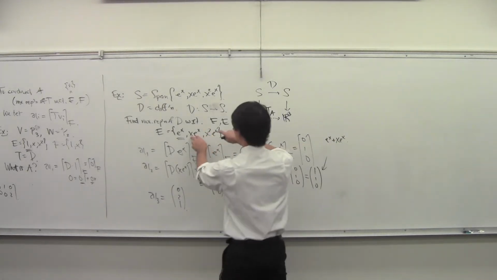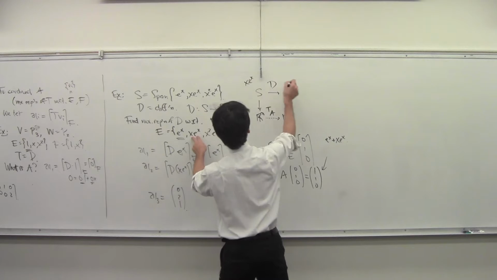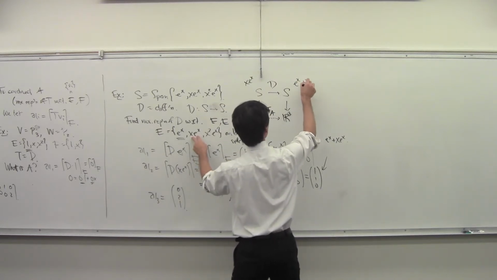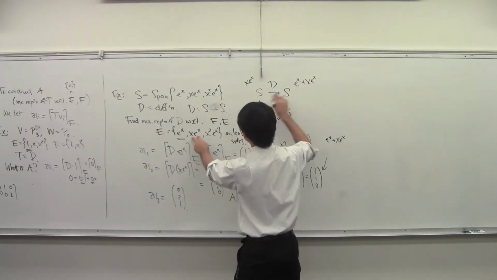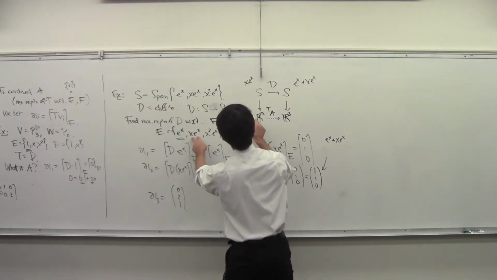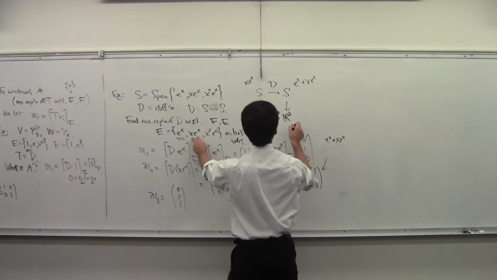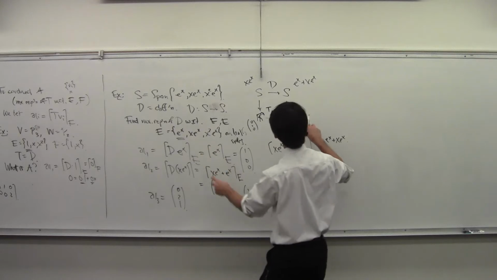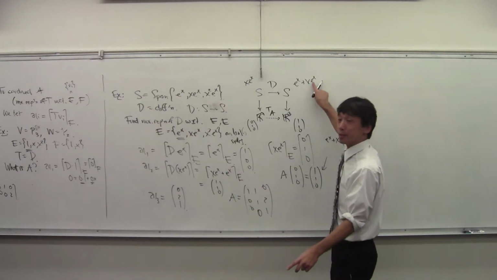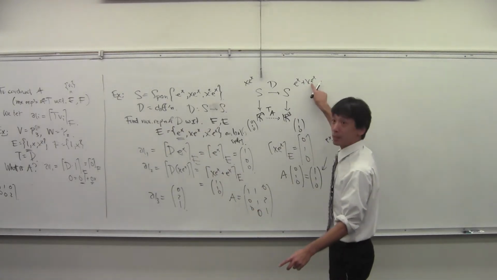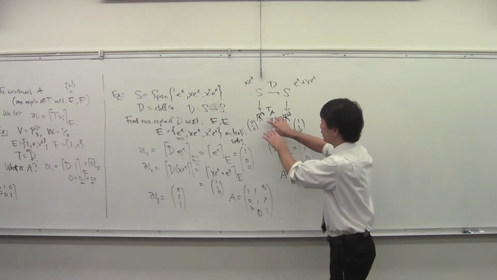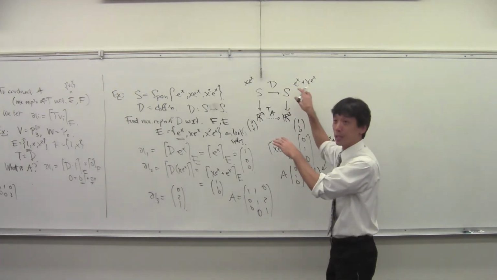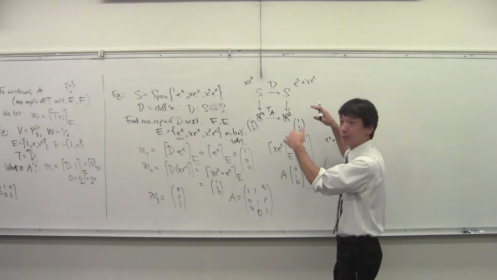If I take x e to the x and differentiate it, I get e to the x plus x e to the x. If I take the coordinate vector of it, 0, 1, 0, and hit it with A, I get 1, 1, 0, which is the coordinate vector of e to the x plus x e to the x. So this A does the same thing as differentiation, just in this sort of mirror world.